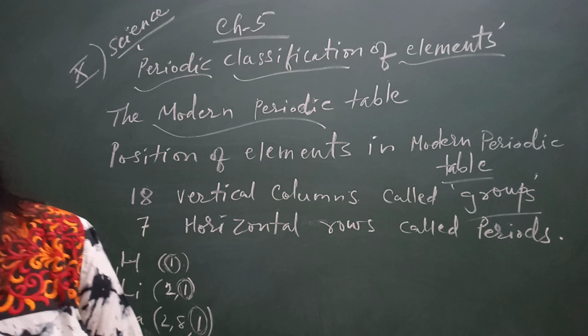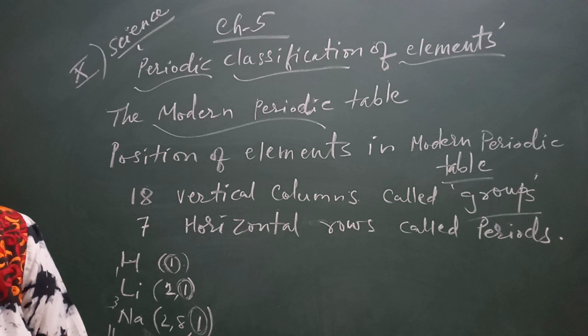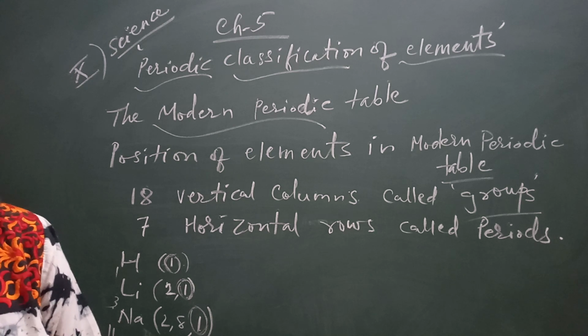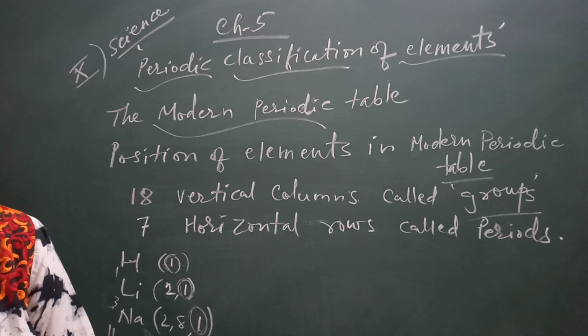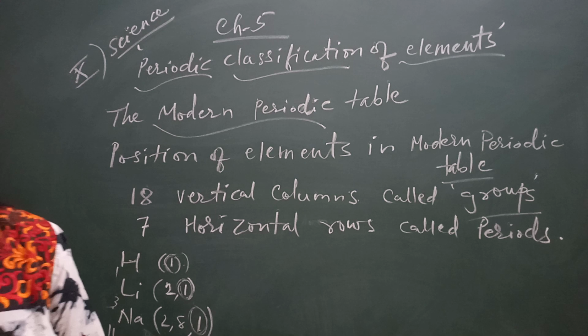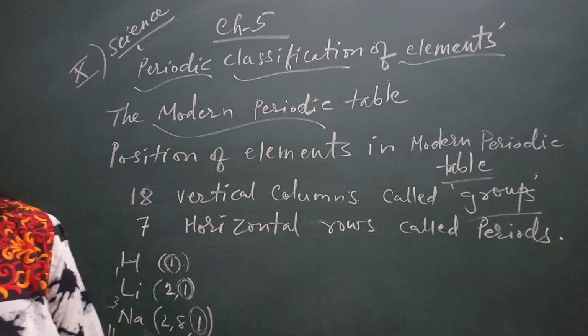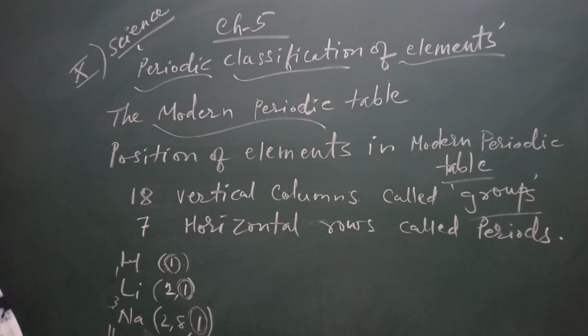There is an anomaly when it comes to the position of hydrogen, because it can be placed either in group 1 or group 17 in the first period. So can you say why?